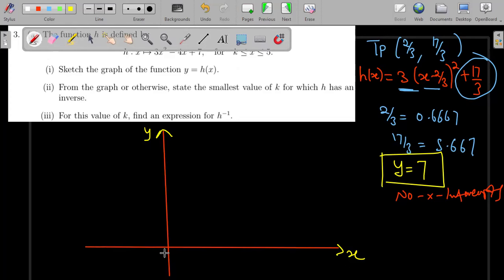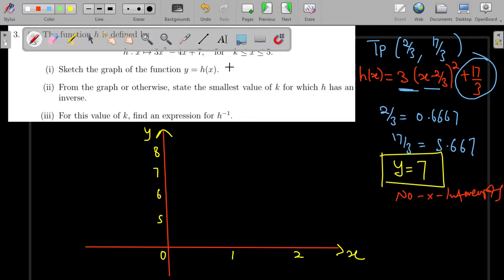Let this here be 0, and then let this be 1, somewhere 2. Let this be 5 somewhere there, and this is 6, and this is 7, 8, like that. I'm just plotting the important numbers.